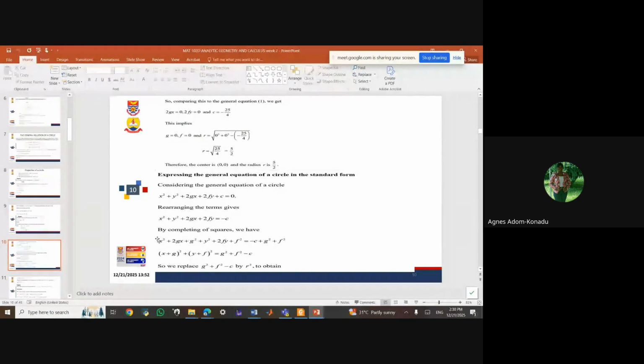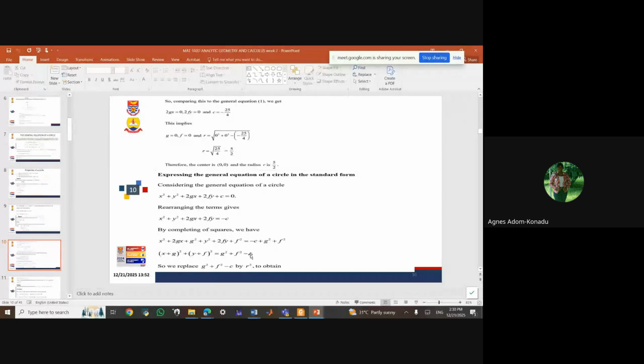Then x squared plus 2gx plus g squared, I can write as (x plus g) all squared. So please take your time and look at this. Then y squared plus 2fy plus f squared can also be written as (y plus f) all squared. And this is equal to g squared plus f squared minus c.